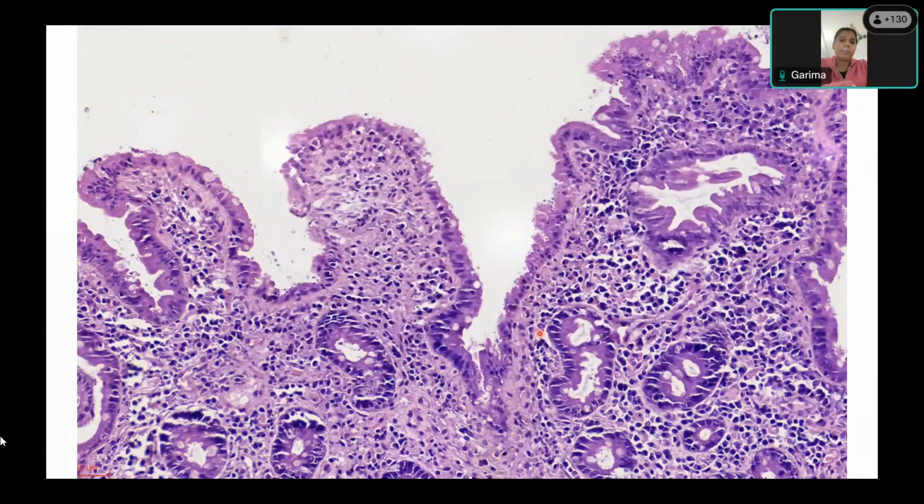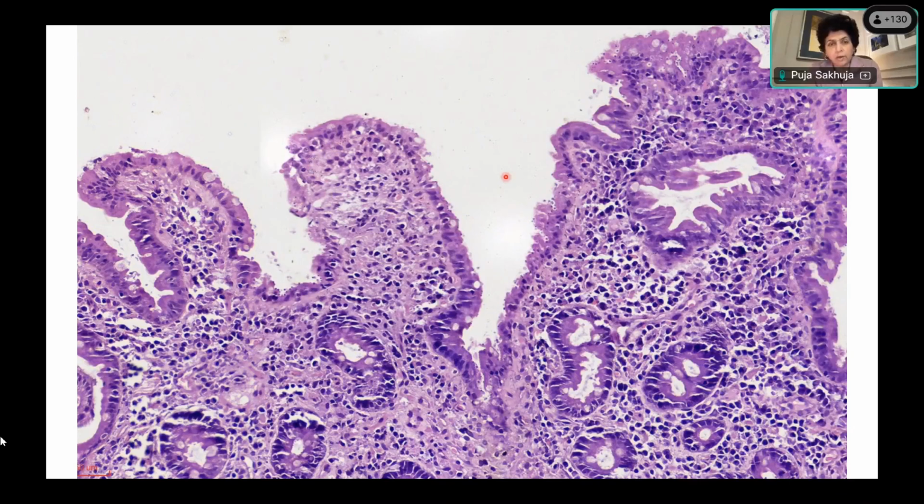Crypt hyperplasia, shortened and blunted villi, and intraepithelial lymphocytes more than 30 per 100, increased, which is not increased on the villus strips in this case, correct? These villus strips, few IELs are there, but we need them to be more than 30 per 100, which we are not seeing, correct? Yes, ma'am.